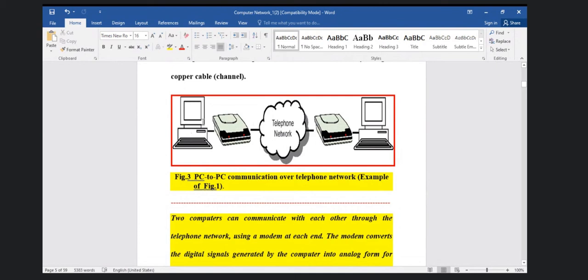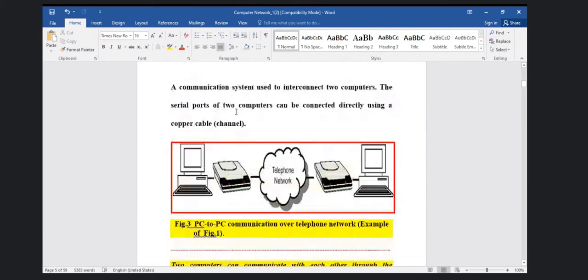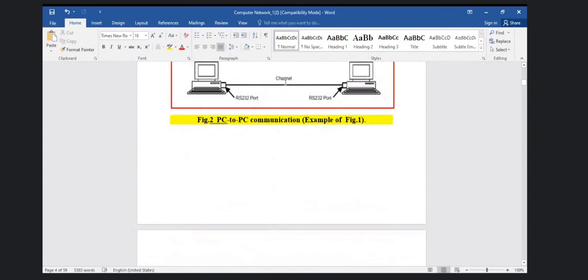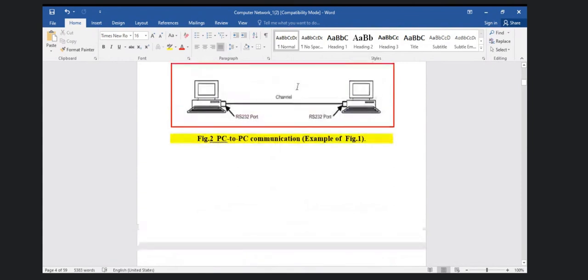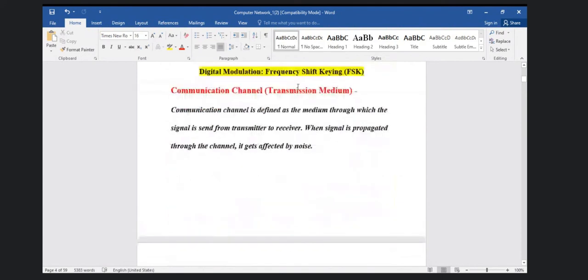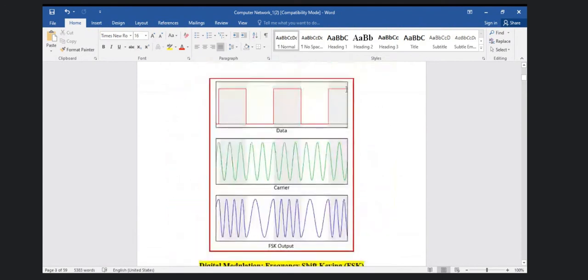And here we are using a digital carrier signal of the form ASK, PSK or FSK. But we can also send the message signal, which we call the PCM signal.